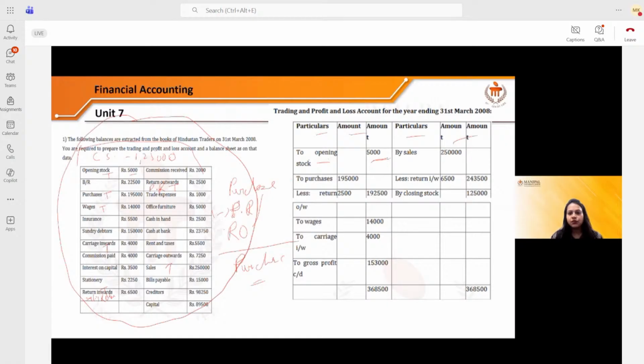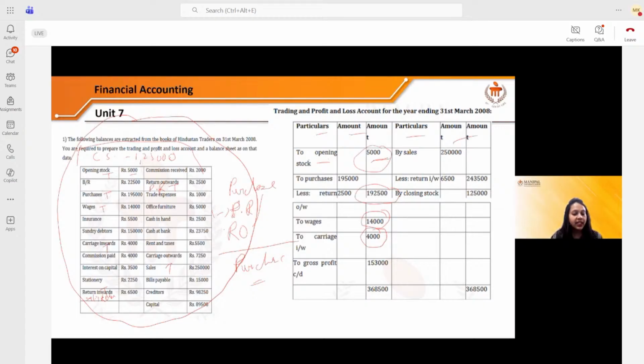Look over here: to purchase 1,95,000 minus 2,500. So total purchase is this. This one is completed. Now look, wages 14,000. Okay, wages. Carriage inward 4,000.